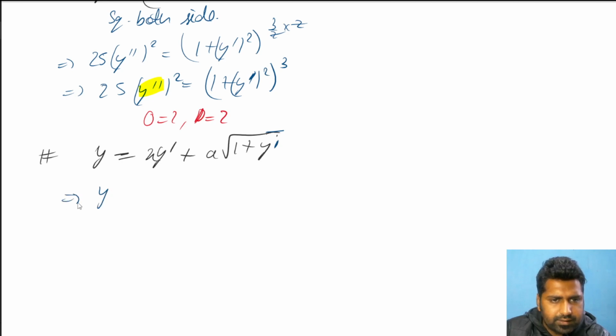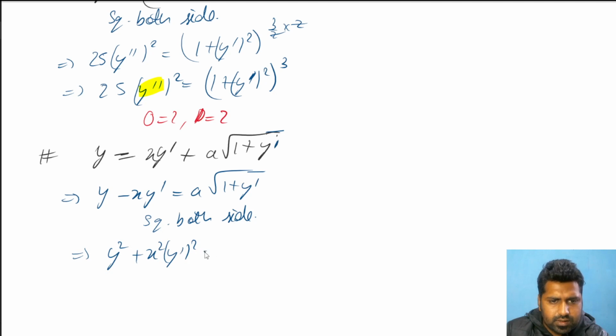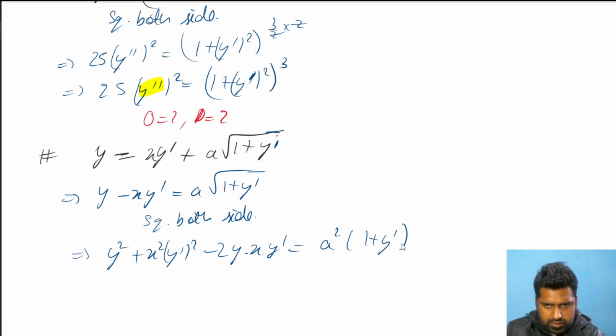So I am recreating this equation. Y minus x y dash is equal to a square root of 1 plus y dash. Now square both sides. So this is y square plus x square y dash square minus 2 into y into x into y dash, minus 2ab, and then a square 1 plus y dash.